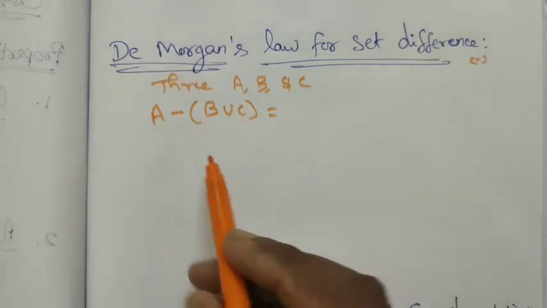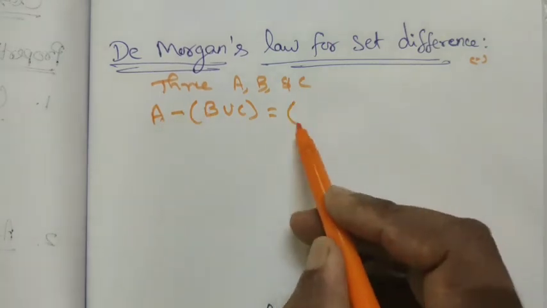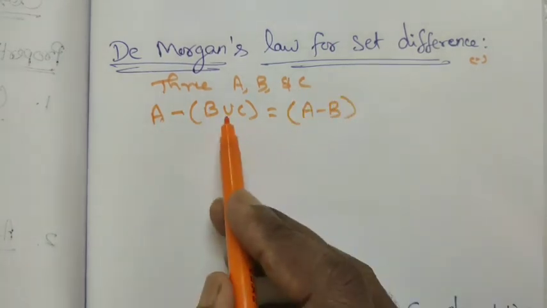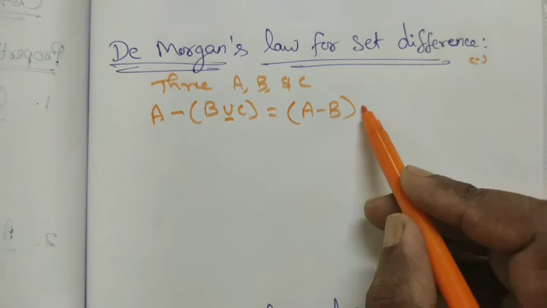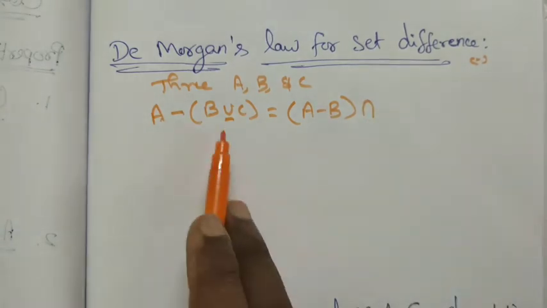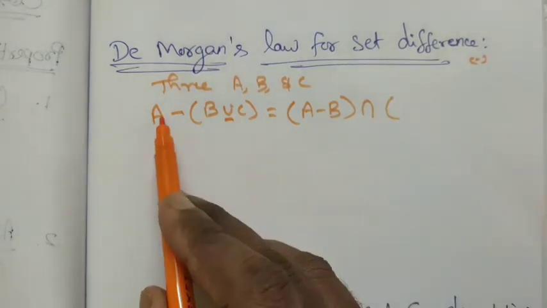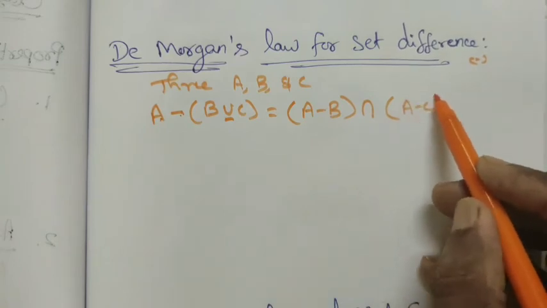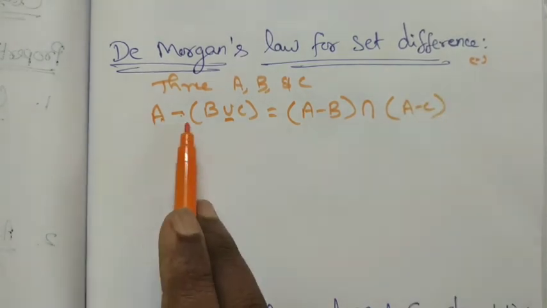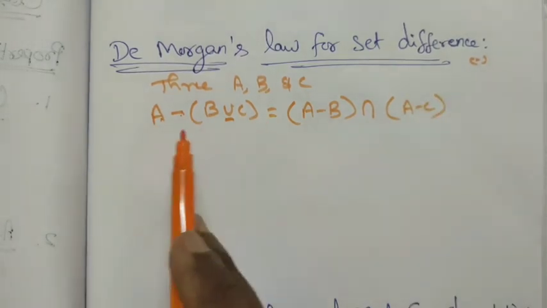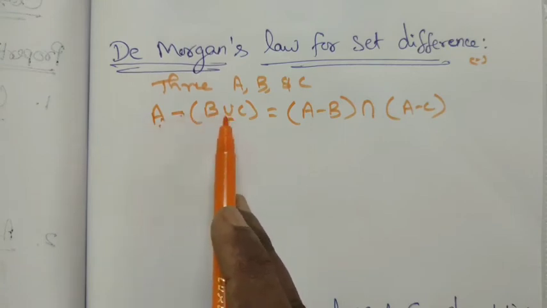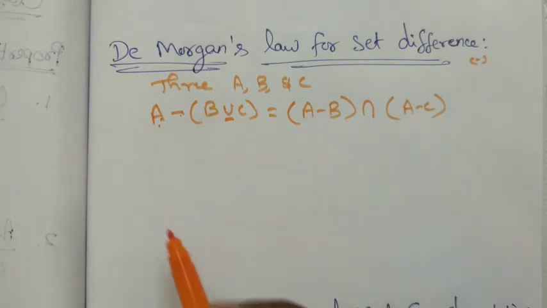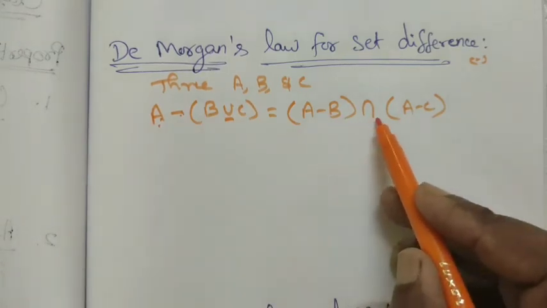Now see the term A minus B. The symbol union you have to change into intersection, the opposite symbol, and then A minus C. So A minus (B union C) is equal to (A minus B) intersection (A minus C). Union means intersection, intersection means union.